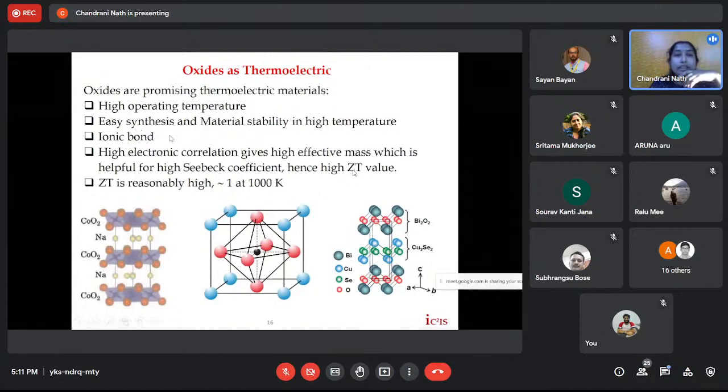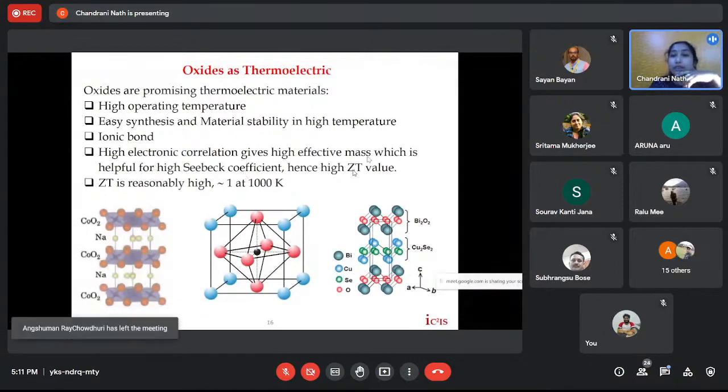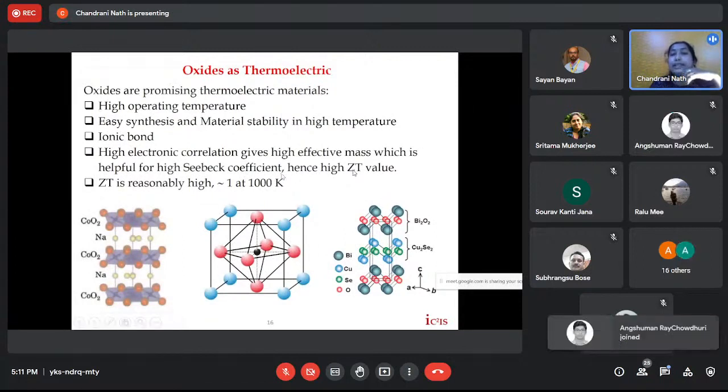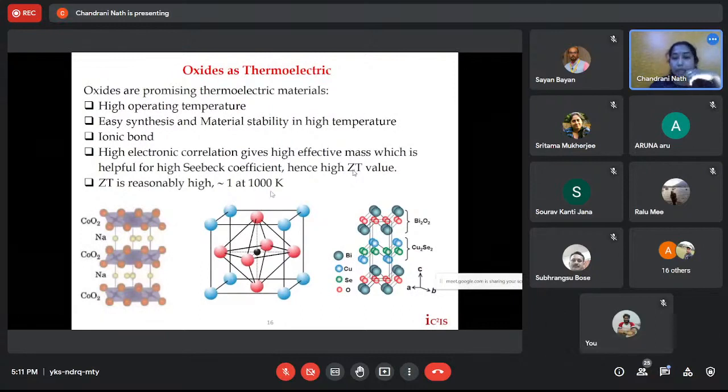These materials are formed by ionic bonds that help us to play with their chemical composition. Their high electronic correlation gives a high effective mass, which in turn is helpful to get a high Seebeck coefficient and hence a high value of ZT. So ZT is reasonably high, close to 1 at 1000 Kelvin.